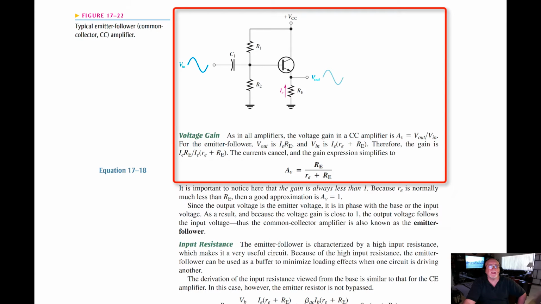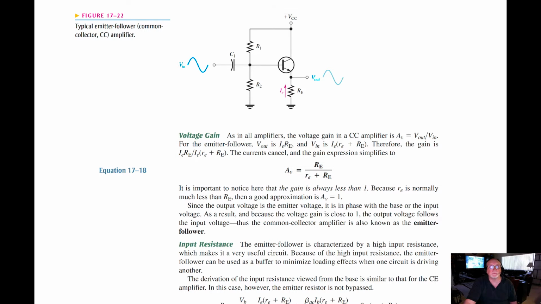Therefore, the gain is I sub E Re divided by I sub E times (r sub e plus Re). The currents cancel and the gain expression then simplifies. So we've seen something like that before with our collector resistors.